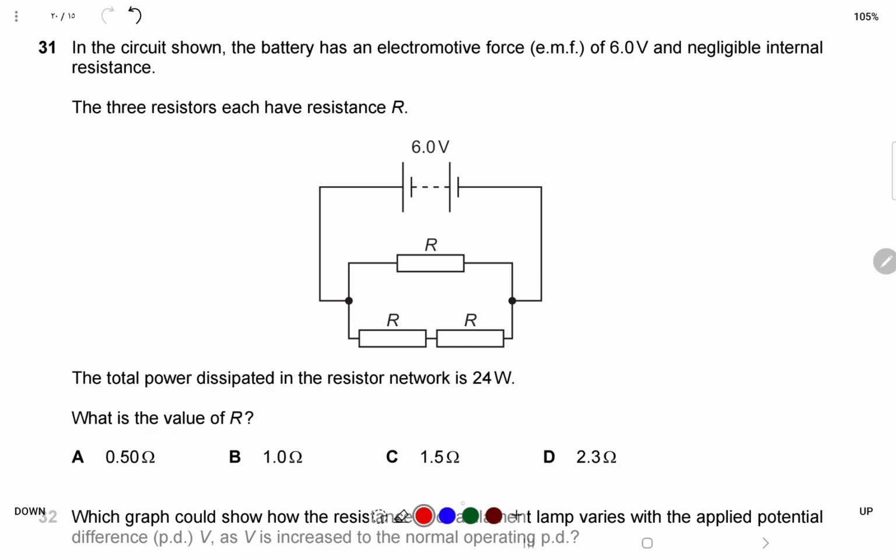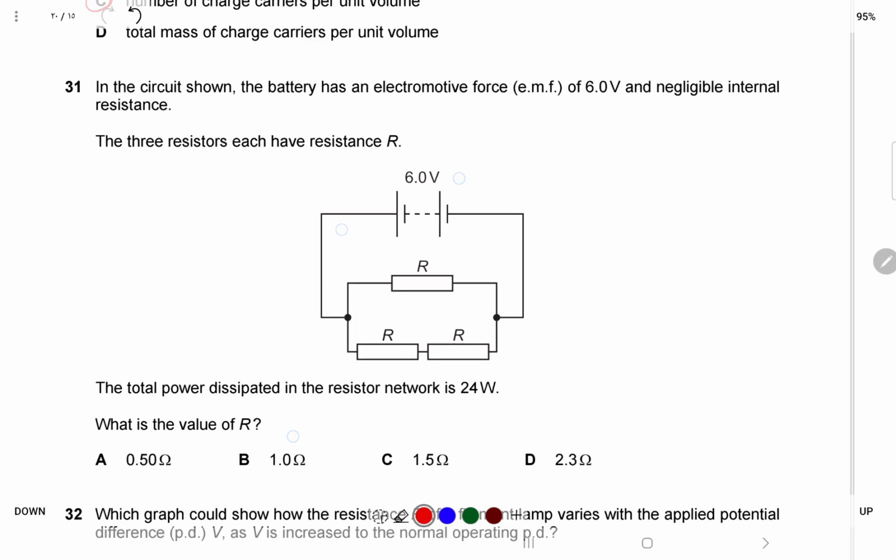Now we know that the formula for power is equal to V squared over R. The voltage we have, which is 6. Power we have, which is 24.